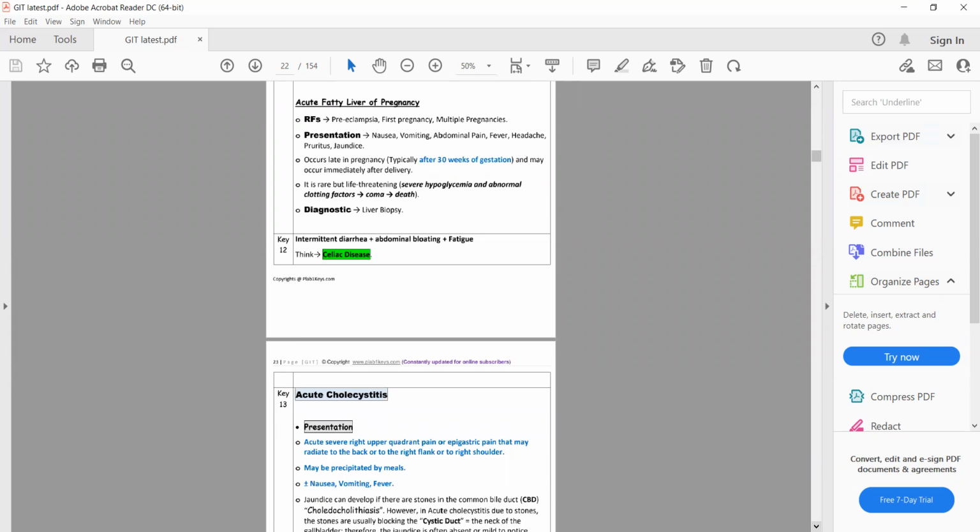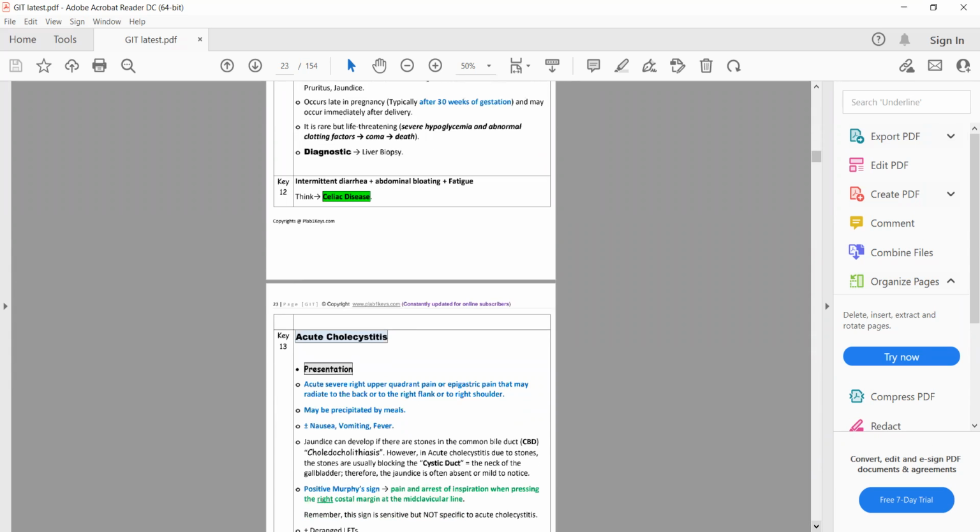Our next topic is acute cholecystitis. Cholecystitis is basically inflammation of the gallbladder. The gallbladder is present in the right upper quadrant of the body. Inflammation is mostly due to infection or gallstones.